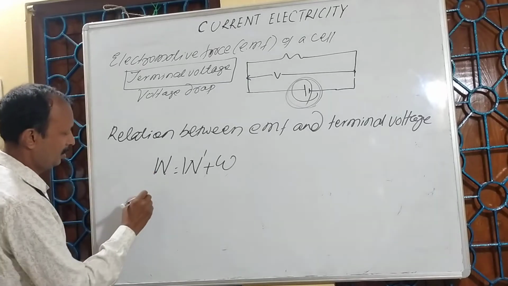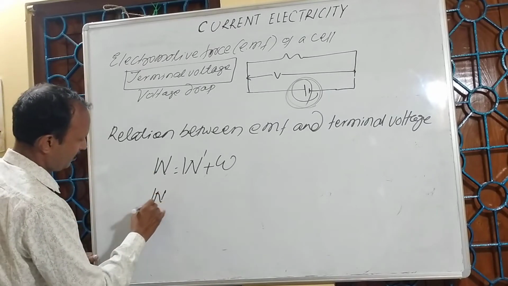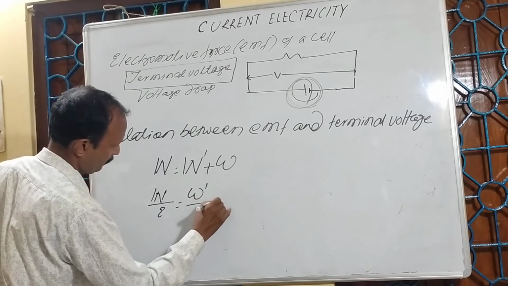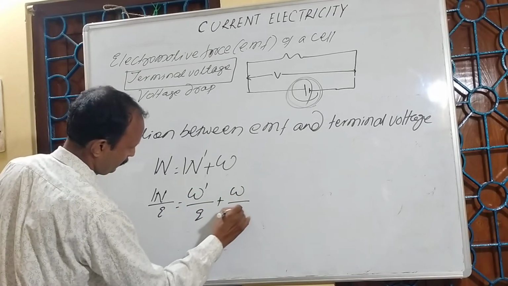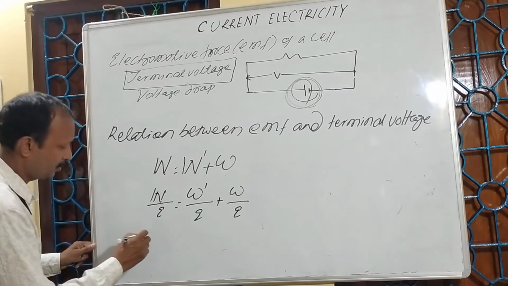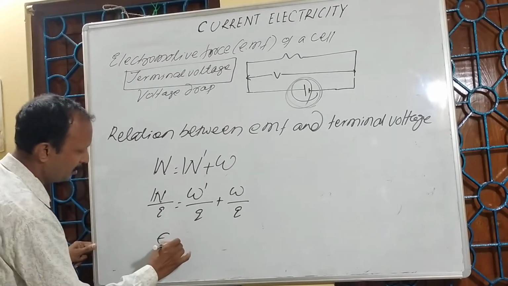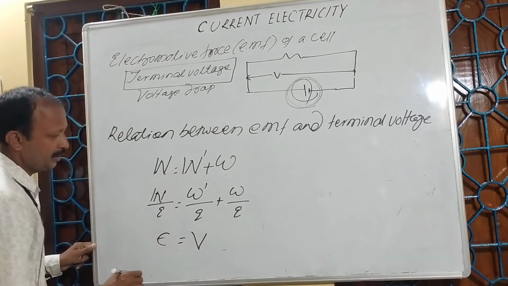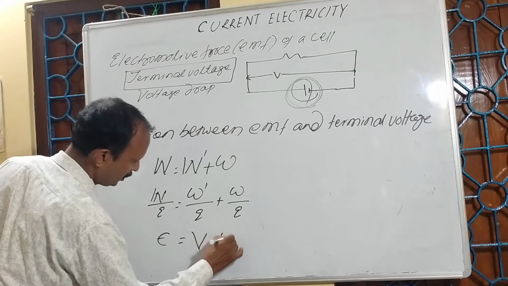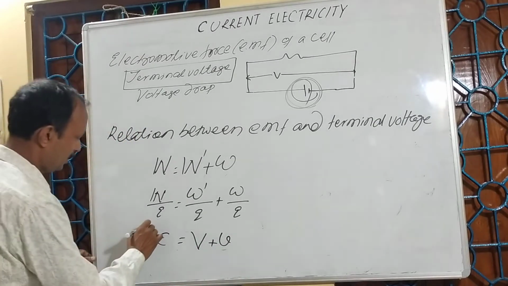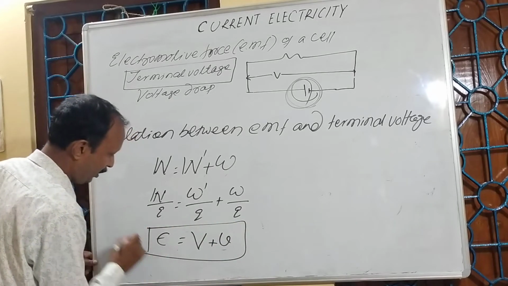Now I shall divide by Q. Then what is this? W by Q, I can write epsilon is equal to terminal voltage plus voltage drop. So this is important. Listen carefully.